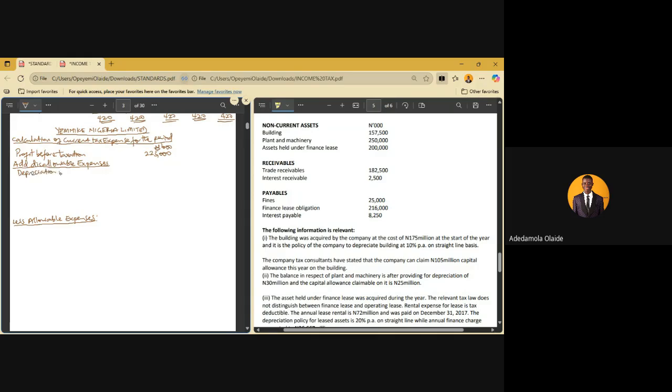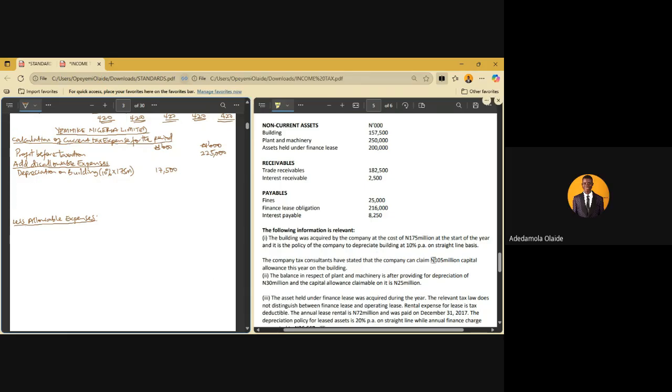Depreciation on building, that's 10% of the 175 million, and that will give us how much? 17,500. Right, all right?